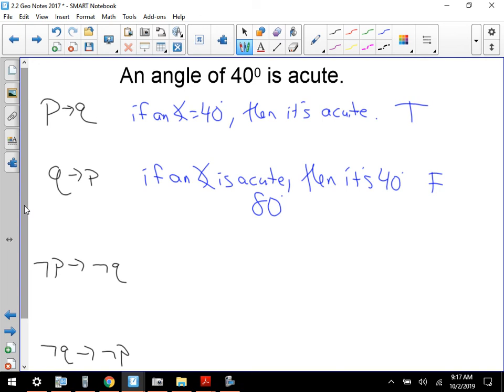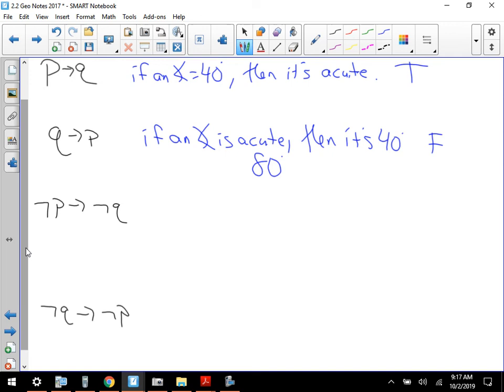All right, not P, not Q. Good. If an angle is not 40 degrees, then it is not acute. False.